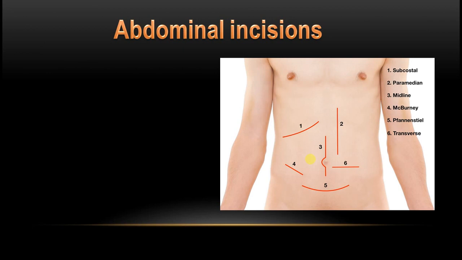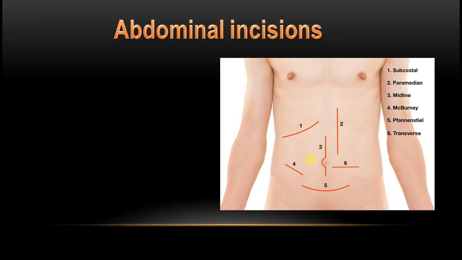Now, briefly, I will touch upon the abdominal incisions. Now, what is an incision? An incision is actually an opening created for access into the deeper structures. The incision mainly depends upon the pathology, what type of pathology it underlies.